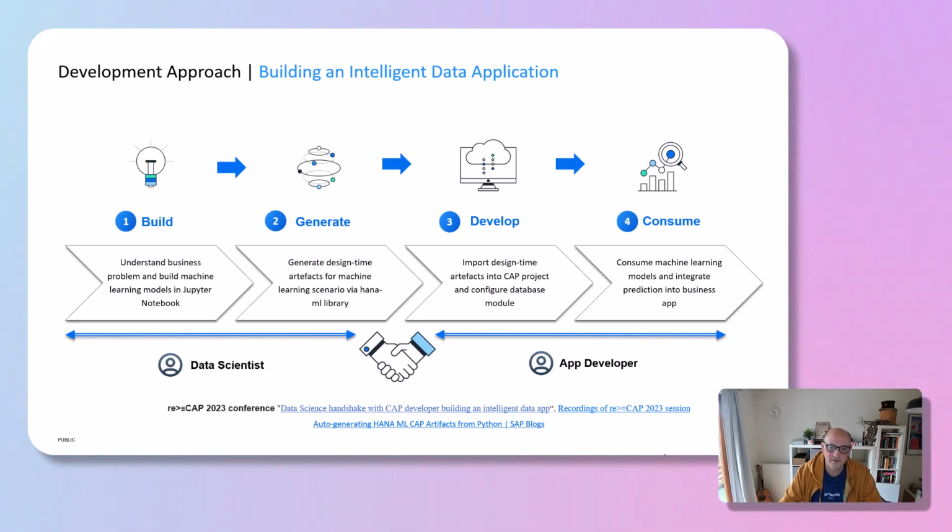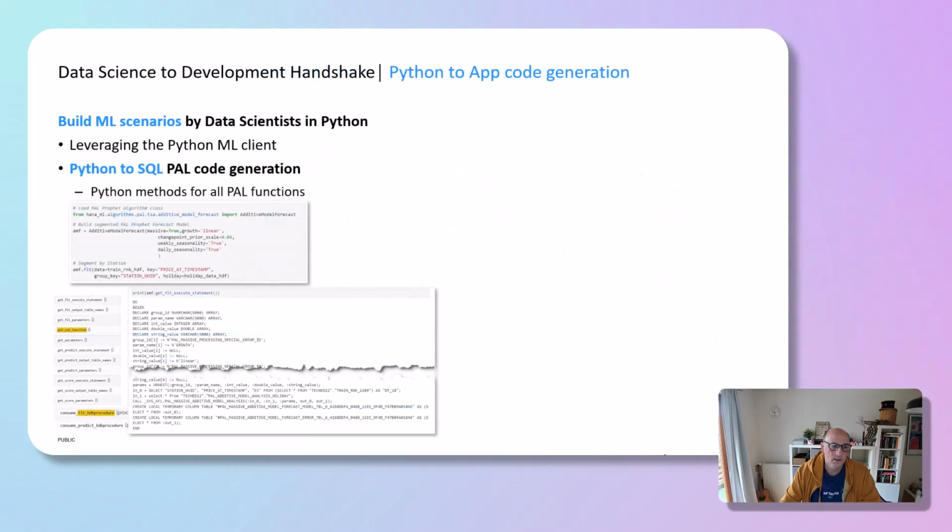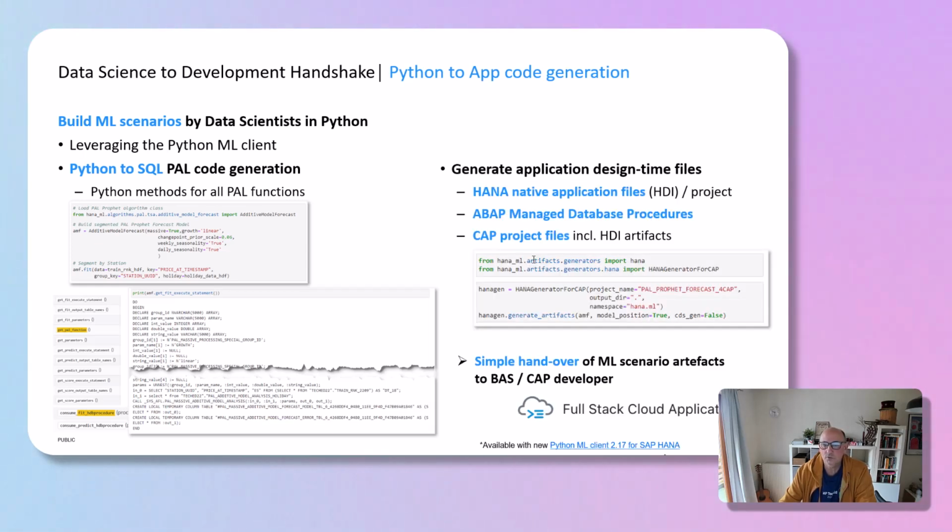There's a blog available, auto generation of HANA ML CAP artifacts from Python, which goes into details. And we just saw a way to generate the SQL design-time artifacts. And with the CAP generator, as I showcased in the demo, we in addition would be generating the CDS related artifacts.